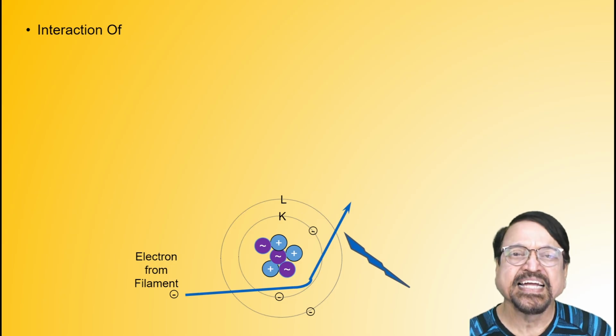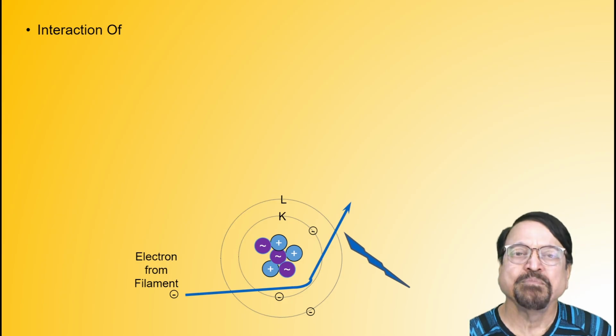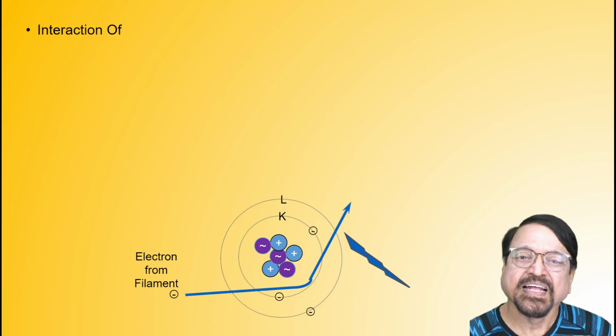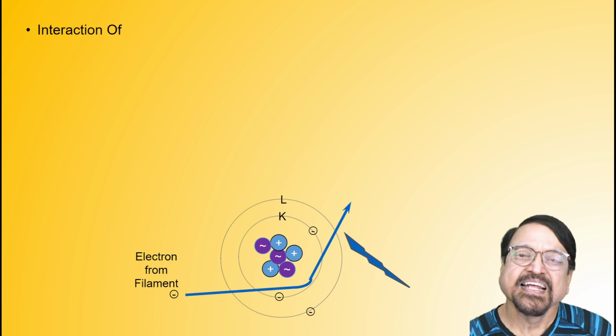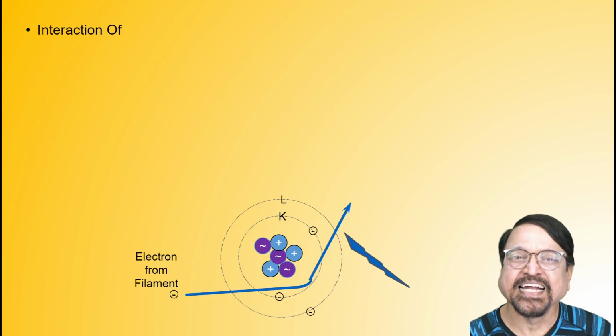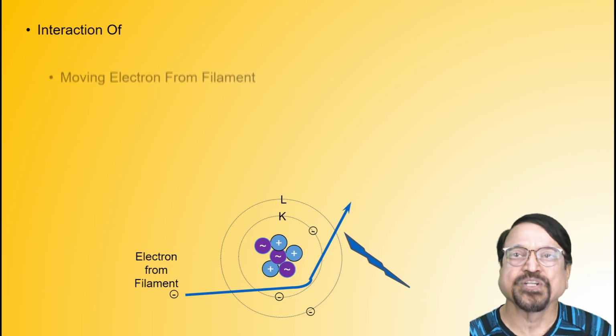It comes straight, it hits the K shell and that results in radiation because the energy that electron possesses is lost. When it comes from the cathode, it hits it and it gets suddenly decelerated and results in X-ray production.